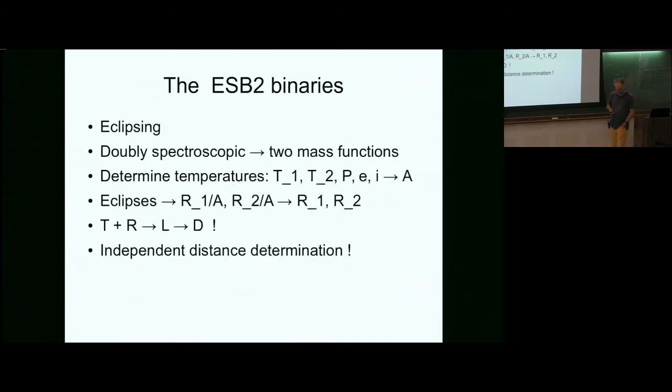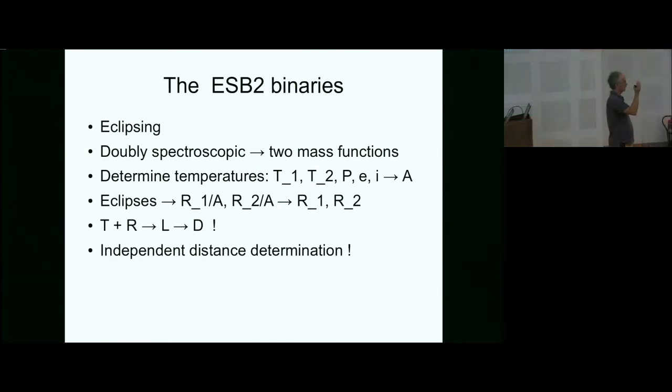So now let me go to what I would call the queens of the binary observations, which are double spectroscopic eclipsing binaries. These are very rare objects because you have to have spectroscopy of both stars. The inclination has to be 90 degrees so that they are eclipsing, but looking for them is extremely rewarding in the binary observing and binary evolution group.